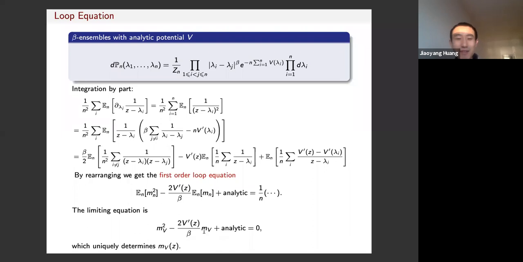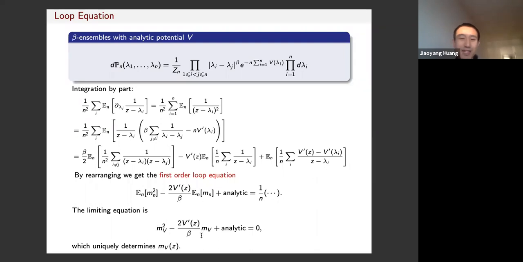So the limit m_V also only has singularities on the real axis, and at infinity it behaves like 1 over z. In the one-cut case, this equation uniquely determines m_V. Although you don't know the analytic part, you only need to know it's analytic, and still this uniquely determines m_V.